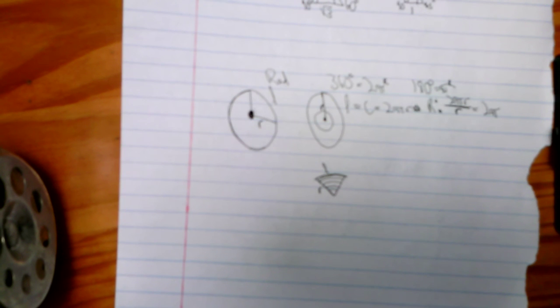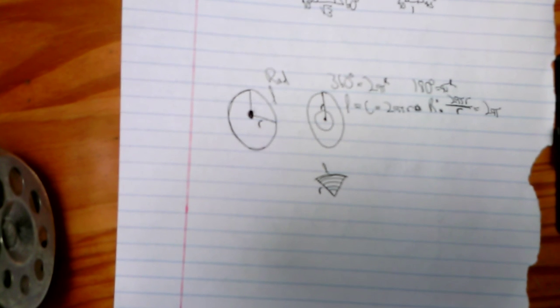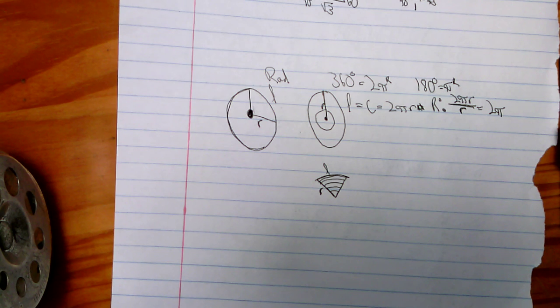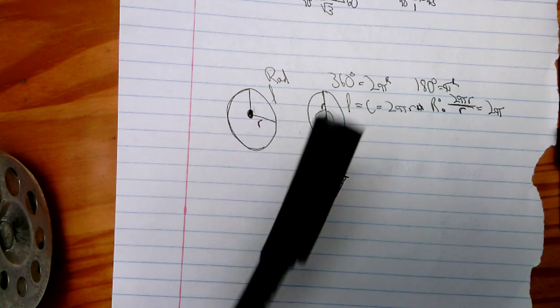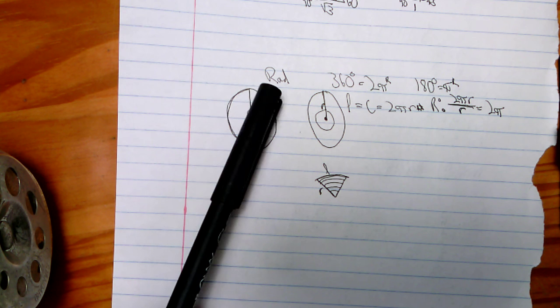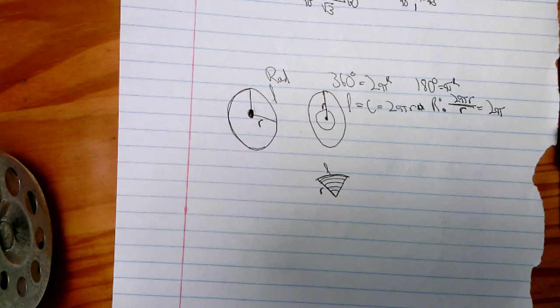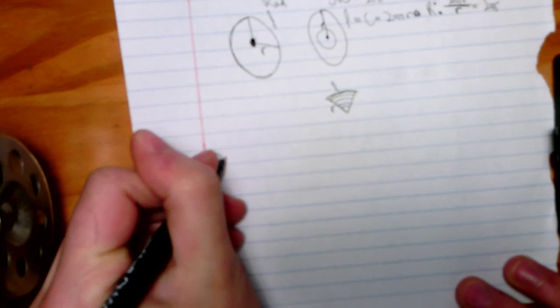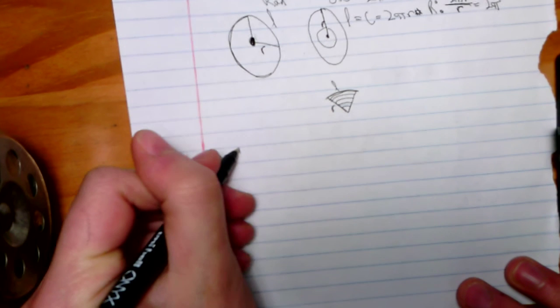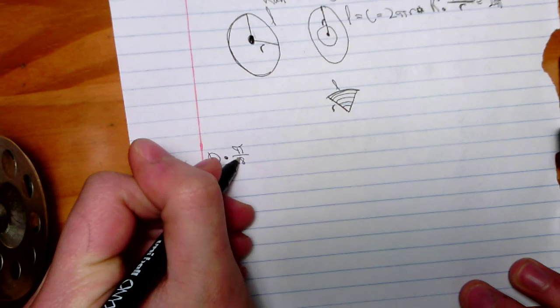So radians are more important, or are mathematically better. I'm not going to lie, I'm used to degrees too, because that's what we all grew up with. But it's the ratio of that length to the radius, and that's why it's more mathematically efficient. If you want to convert degrees to radians, you multiply it by pi over 180.